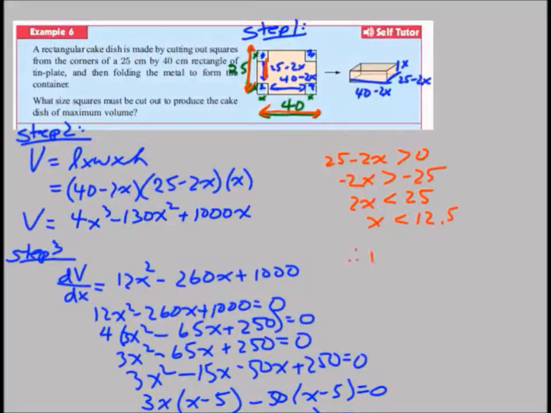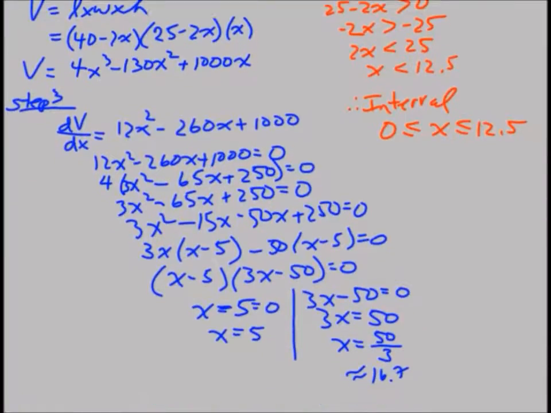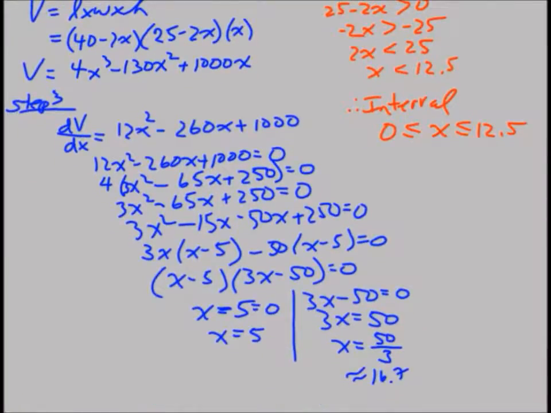So therefore our interval is between 0 and 12.5. So we're only considering those places. Now, if we take that into consideration, this value is too big, so it's not one of our critical values.